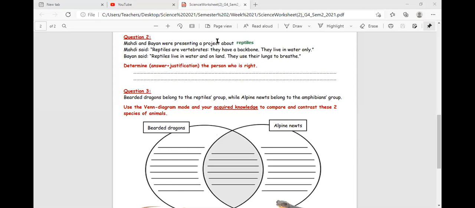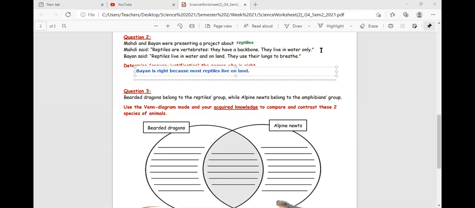Bayan is right because most reptiles live on land.